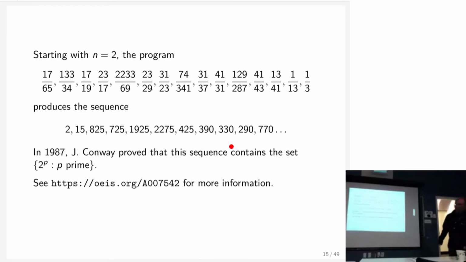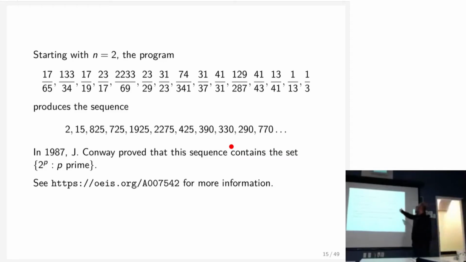Let's say that I start with n equals 2. Remember that a program was just a list of rational numbers. So I pick this crazy list of rational numbers, and with this list and this particular n, I can produce this sequence. You can do this by hand, or you can solve the exercise and test this.